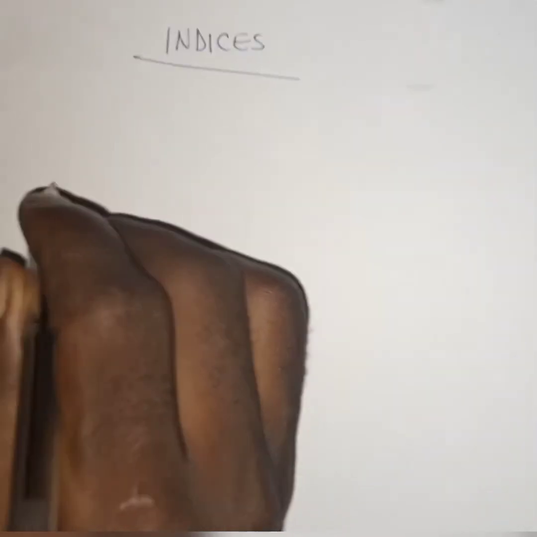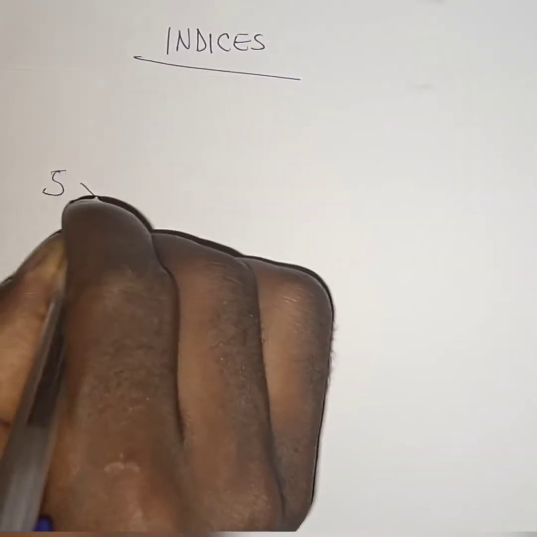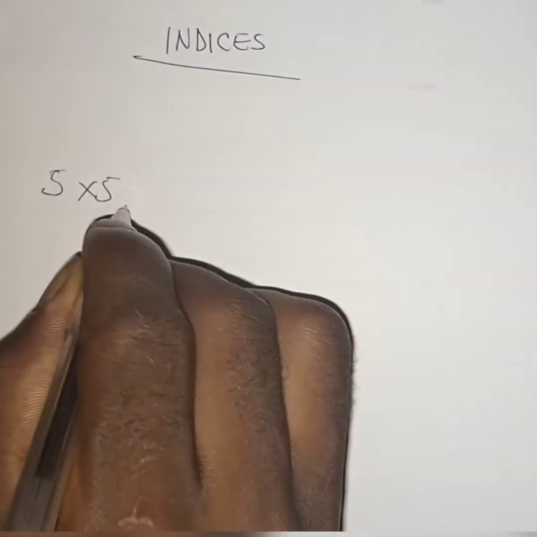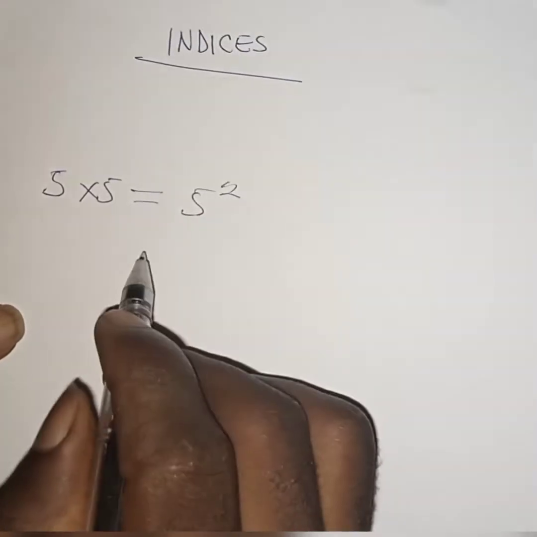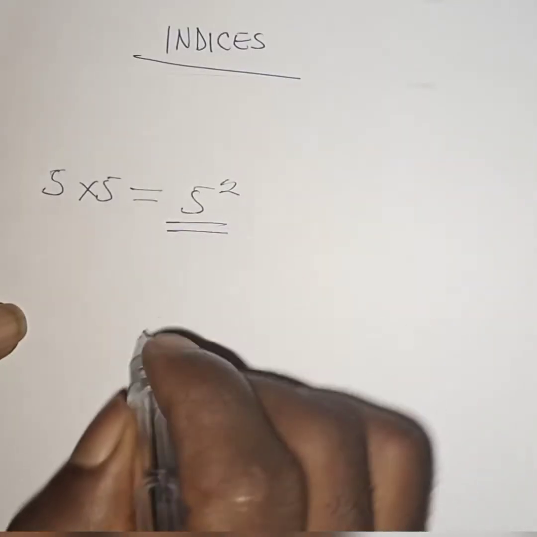You need to understand the points in index. 5 times 5 means 5 square, because we multiply the number by itself 2 times, so it's a square of the number.